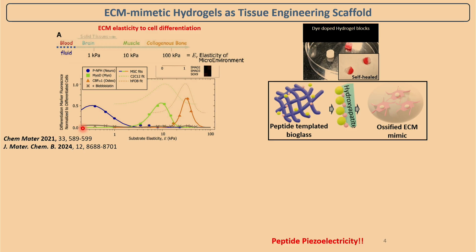You can see that your stem cells can get differentiated into neuronal cells, or let's say muscle cells, or you can also get bone cells. You can get differentiated into it, which is very good if you want to make, let's say, extracellular matrix mimetic hydrogel scaffold material, which has a bigger implication in regenerative medicine.